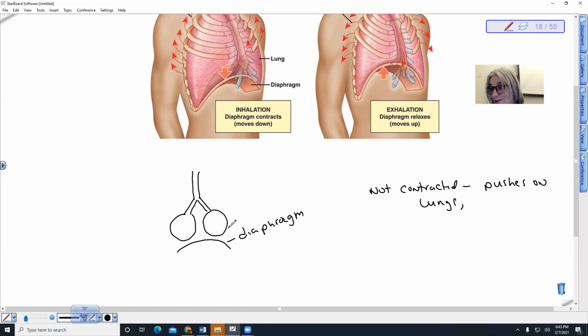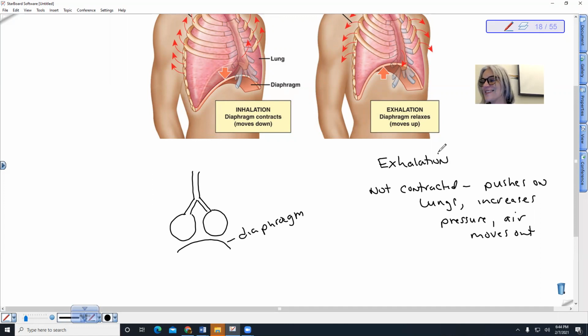Oh, excuse me, that increases the pressure, and that causes air to move out. So that would be exhalation. It is relaxed, okay? So when we exhale, our diaphragm relaxes. It might feel like something is contracting.